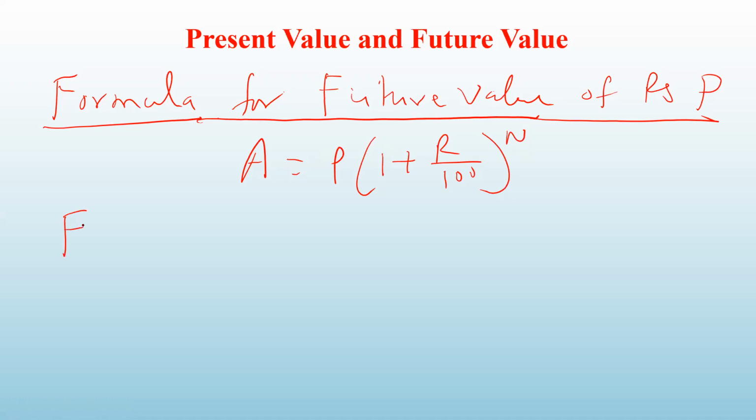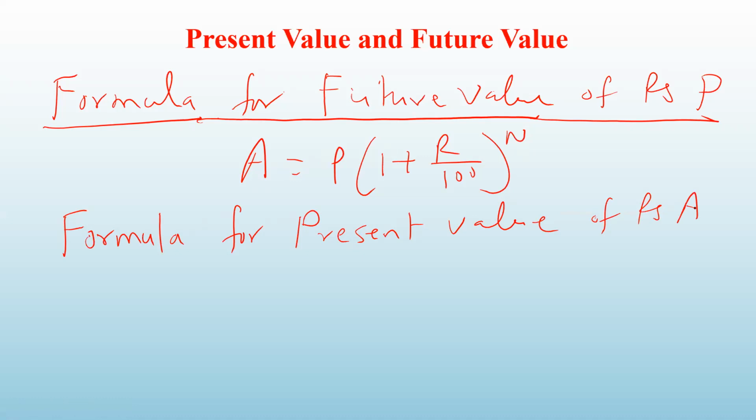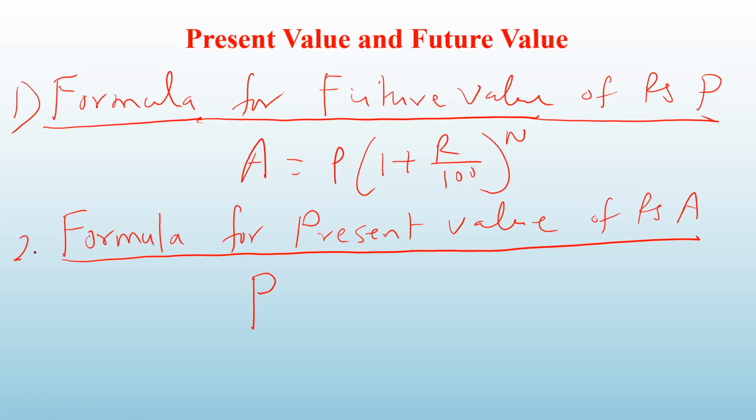What is the formula for present value? Present value of rupees A, where A is the amount which you are going to get after your maturity period. So what is its worth today? That means you have to find out the value of P. The value of P will be A divided by (1 plus R upon 100) raised to power n.